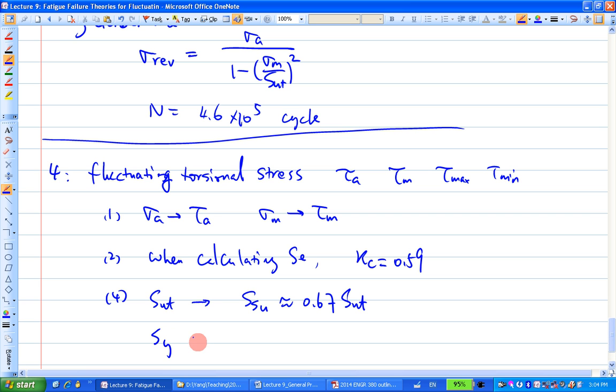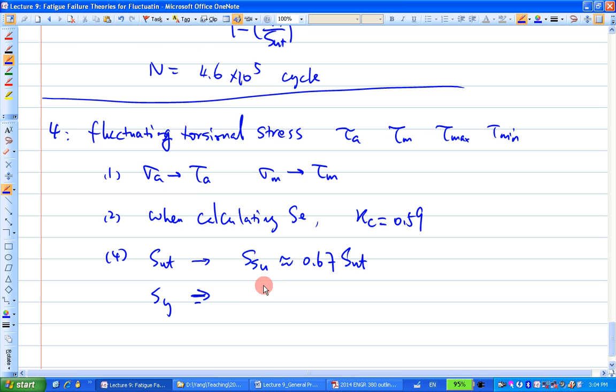And for some equations, they don't use Sut, they use Sy. For example, the Soderberg, right? They use Sy. Then the Sy also has to change to Ssy. That's the shear yielding strength, and this one is approximately 0.577 Syt.